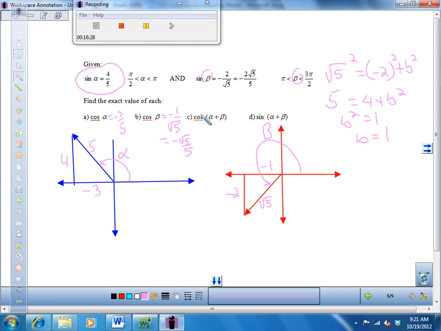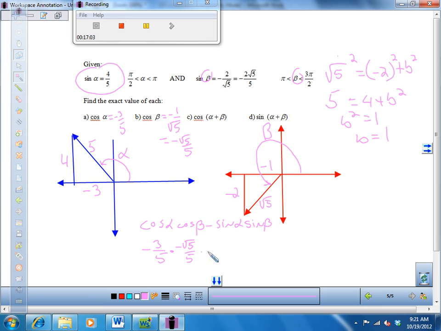And then if I want to do one of these, which you will, cosine of alpha plus beta is cosine alpha cosine beta minus sine alpha sine beta. So you look at the different pictures and you plug those things in. We found that cosine alpha is -3/5. Cosine beta is negative root of 5 over 5.